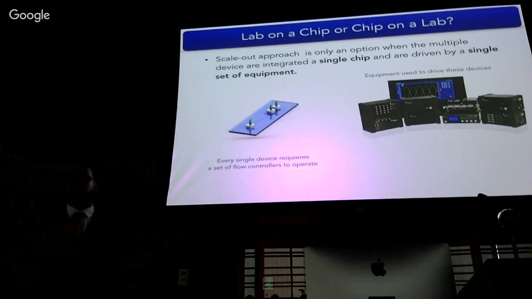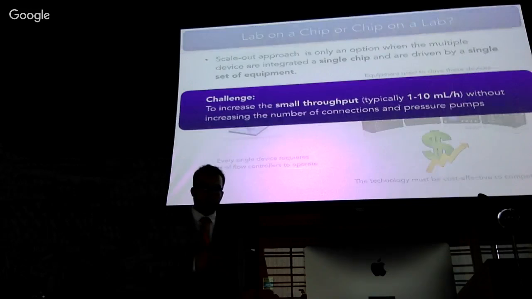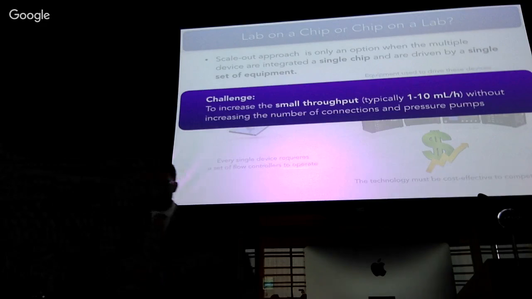If you want to run 500 or thousands of these, you will also need thousands of these pieces of equipment. And so these technologies have to be cost effective in order to be competitive.